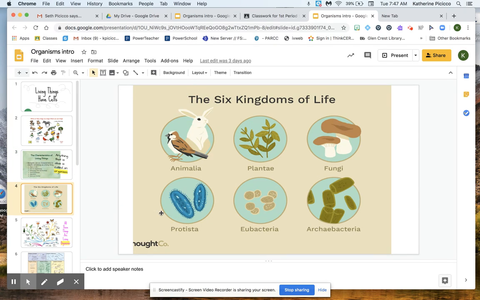If you look at this next slide, you can see the 6 kingdoms of life. All of these things, even though we might not know what some of them are, they are all alive. Even these tiny little things that look kind of creepy here, that would be bacteria or just one-celled organisms, are alive. So I want you to expand your thoughts of what it means to be alive.